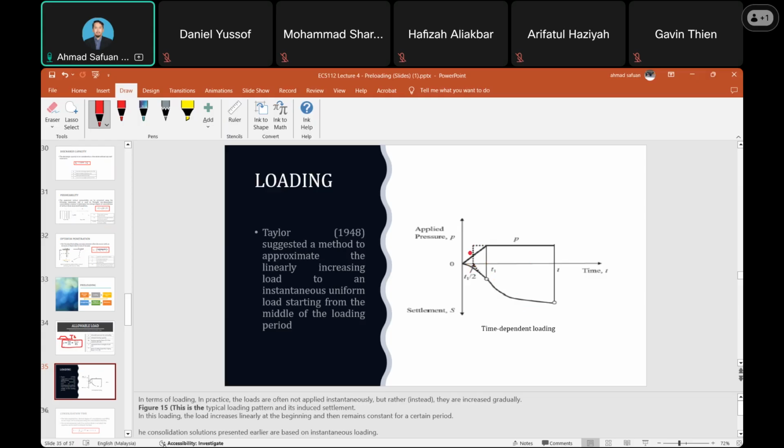In the top loading, in practice, the loads are often not applied instantaneously, but rather they are increased gradually, because we apply one thickness, second thickness, third thickness until the desired heights.